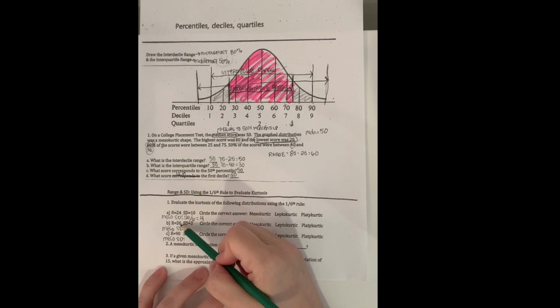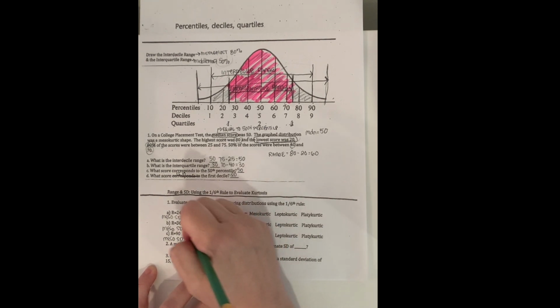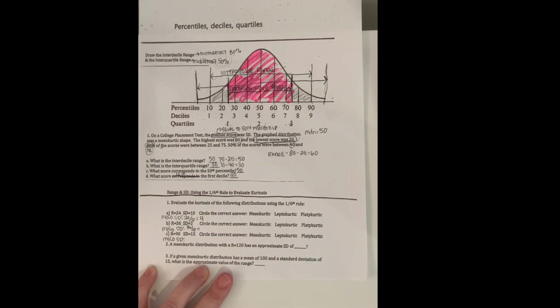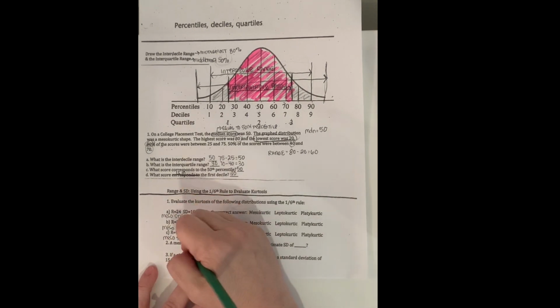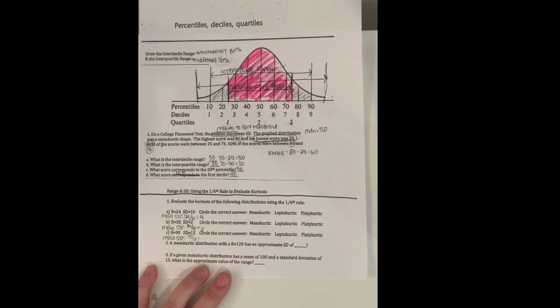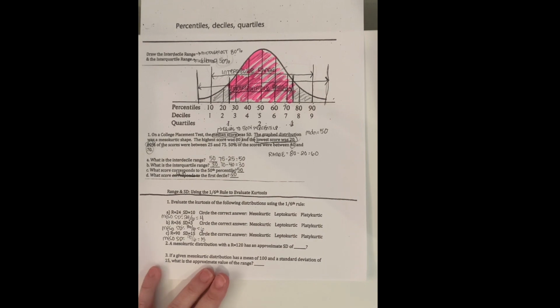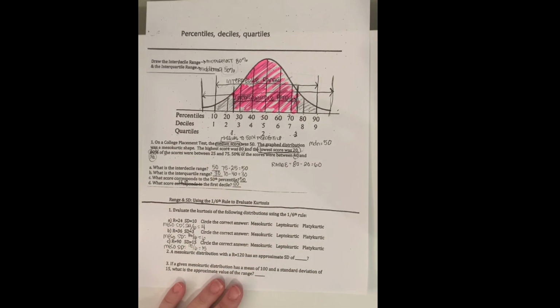If I look at B and I take a range of 36 and divide it by 6, I would get a mesokurtic standard deviation equal to 6. Then for C, if I take my range of 90 and divide it by 6, I would get a mesokurtic standard deviation of 15.